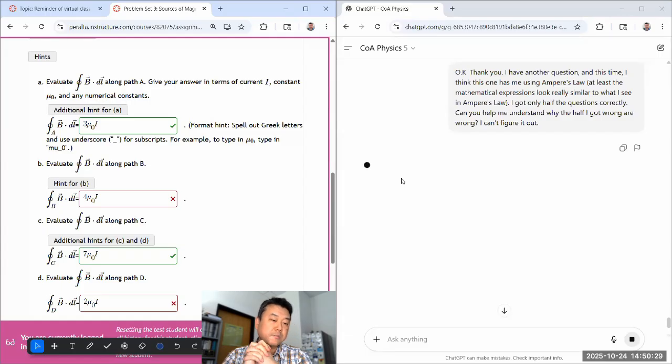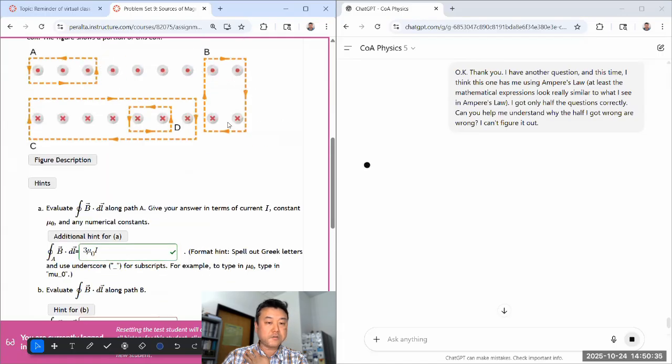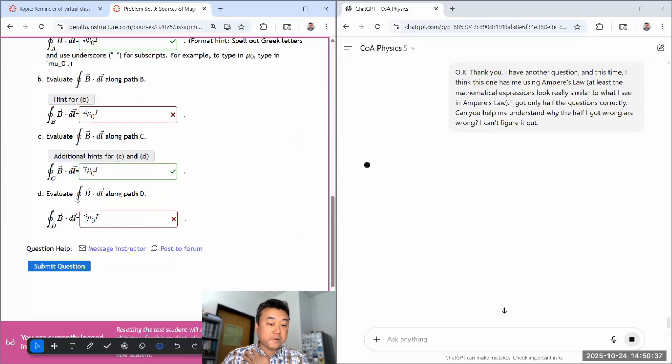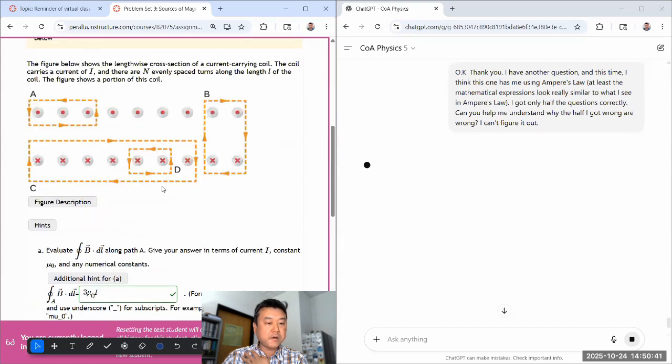It's responding to someone who's tried a question. For B, it has to tell me to pay attention to the direction of current. For D, it basically has to explain why the sense of direction for C and for D are different. It has to do with the direction of the loop that you pick.